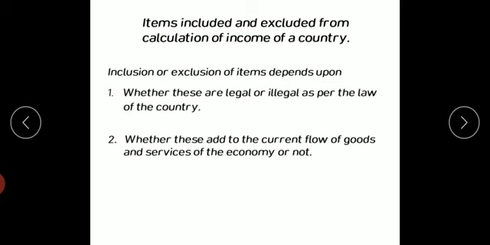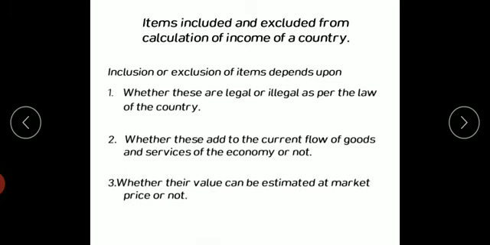The next is whether their value can be estimated at market price or not. Whatever activity we are talking about, you have to find out if it is performed by any person and is a productive activity. As we all know, income generated through productive activity is calculated in the national income.